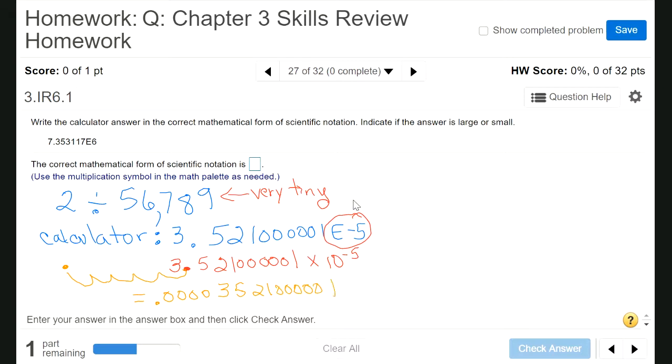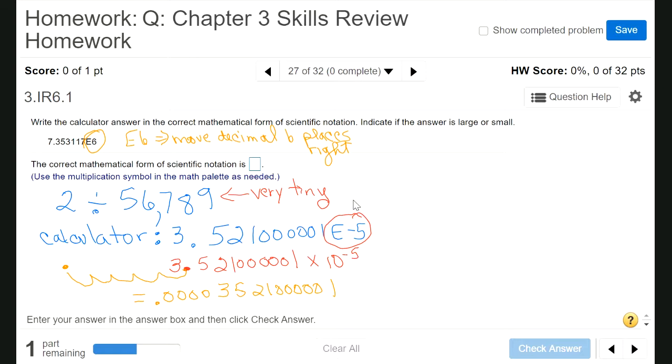That's what that really means. So when you see E minus 5, that means the decimal point needs to be moved to the left. And on this one, since that says E6, that means move decimal 6 places to the right.